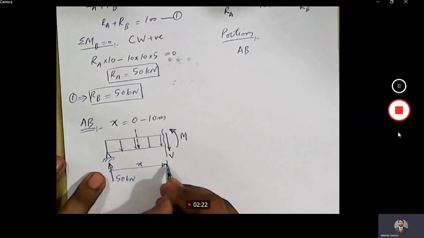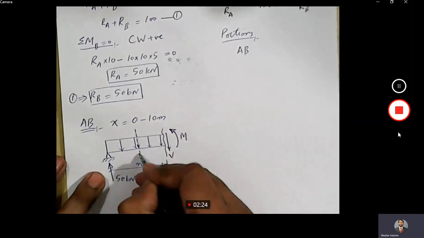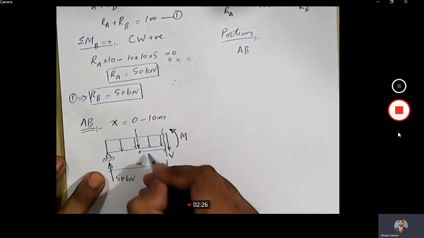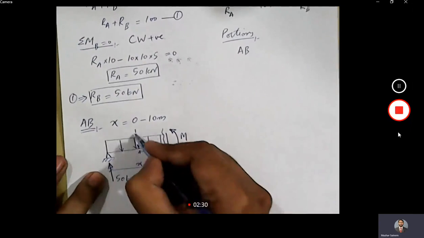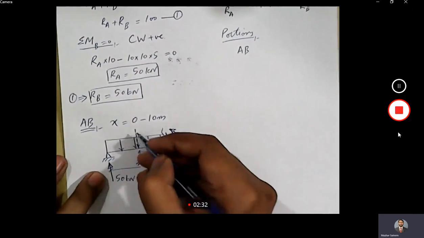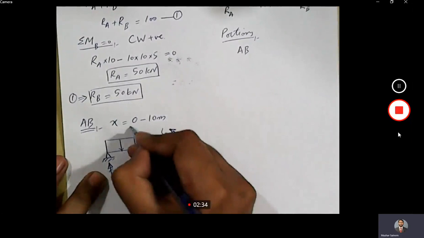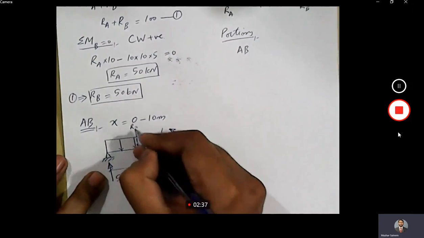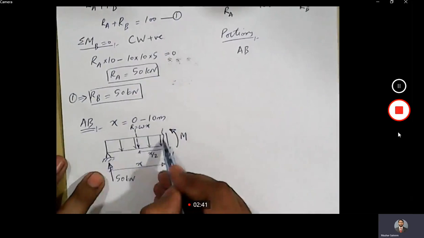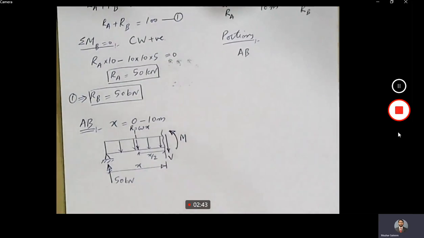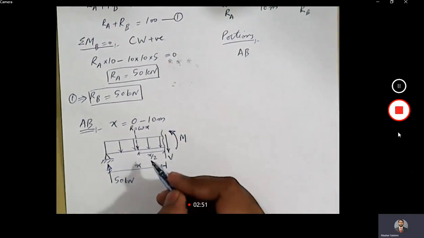If this total distance is X, this distance will be X by 2. And how much will be the magnitude of this? If we denote the intensity with omega, so omega into X will be the resultant of the portion of UDL that's present on left side of the section.